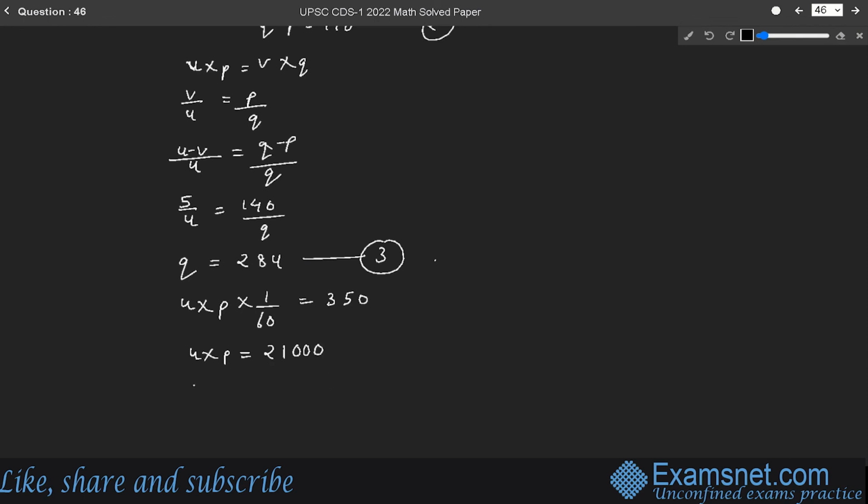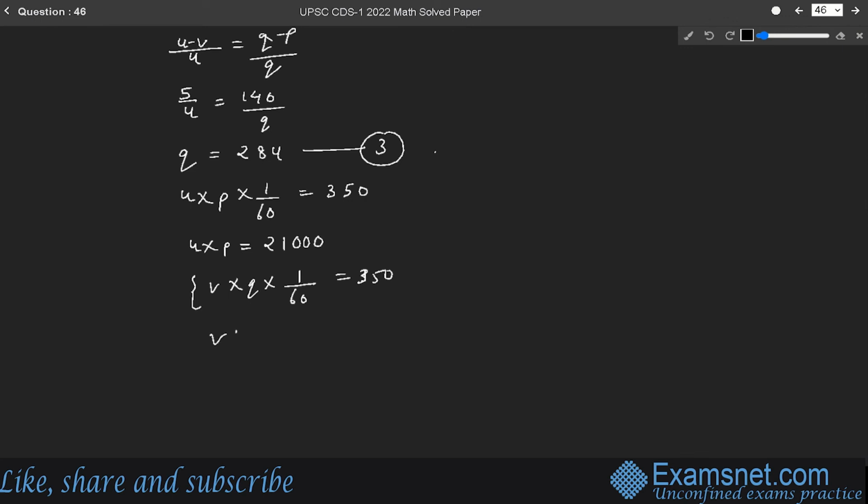Also, we know that v into q into 1 by 60 is equal to 350, so we get v into q equal to 21,000. Let this be equation number 4.